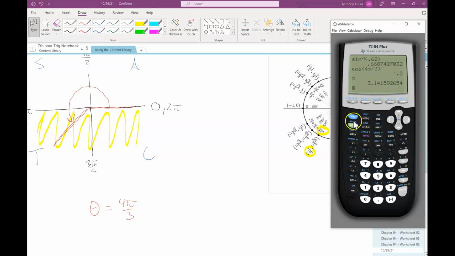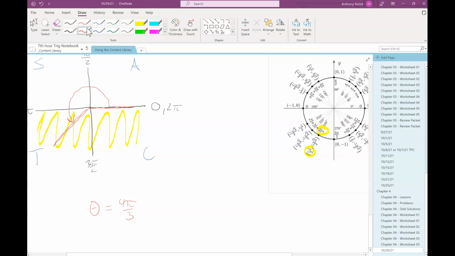That's smaller than 4 pi over 3. And that is smaller than 2 pi. So it fits both criteria, right? It satisfies that equation and it lands inside the desired interval. So I know that I have the correct answer. Is that okay?